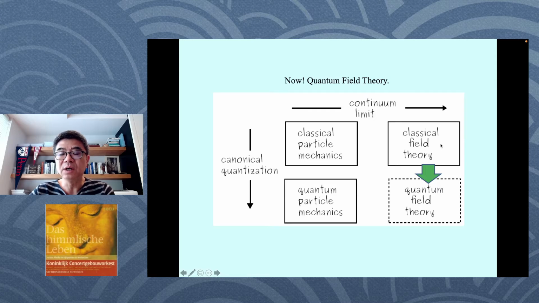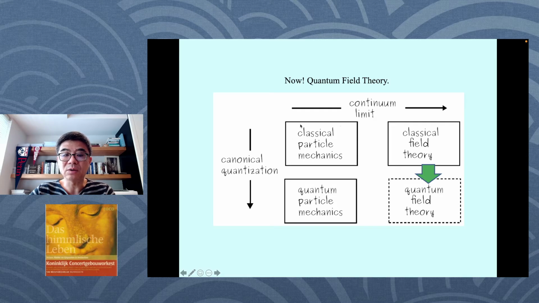For example, the Klein-Gordon equation and its Lagrangian and Hamiltonian form. And so we would like to model the transition from classical field theory to quantum field theory by the procedure, the transition between classical particle mechanics and quantum particle mechanics.